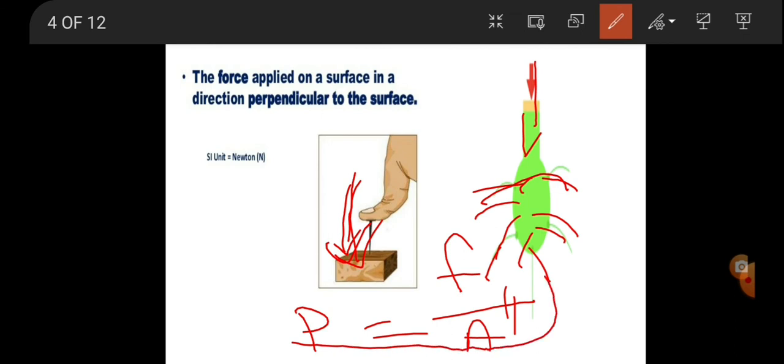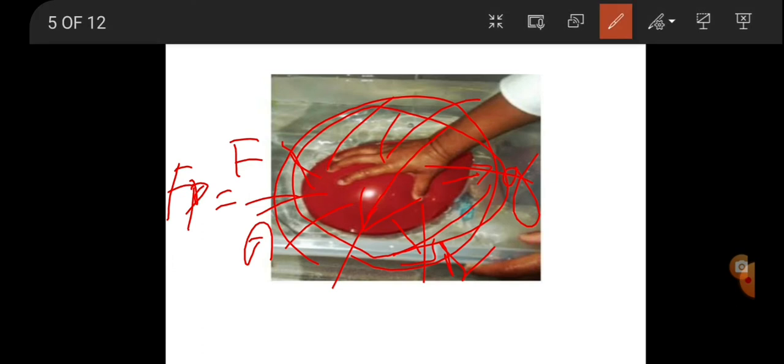Next, pressure due to fluids. All the following substances, both liquids and gases, are called fluids. Like solids, fluids also have weight and exert pressure.